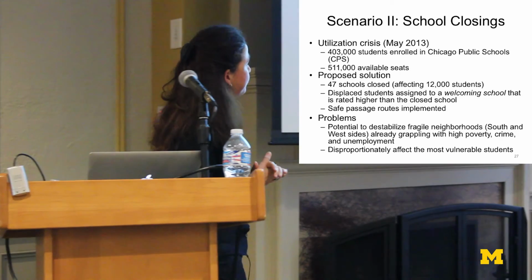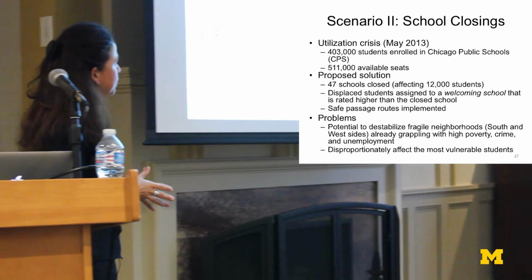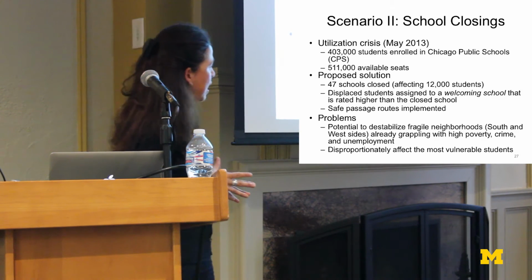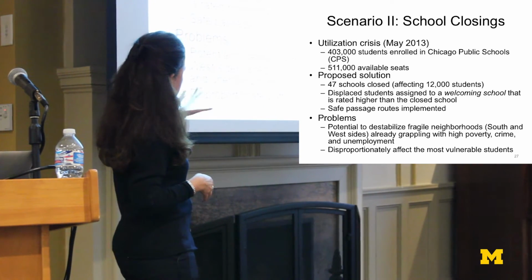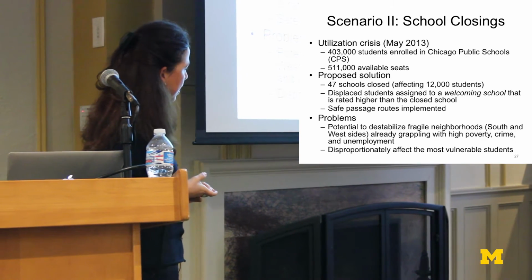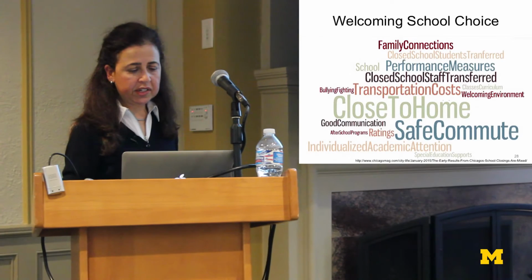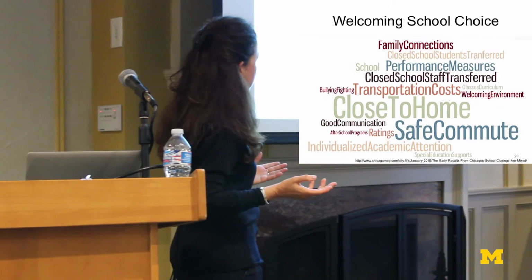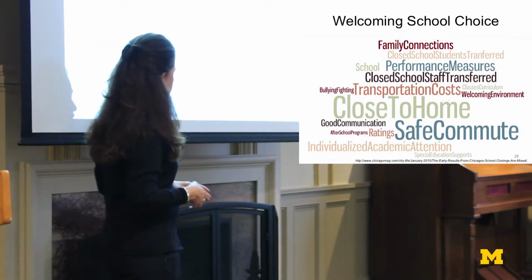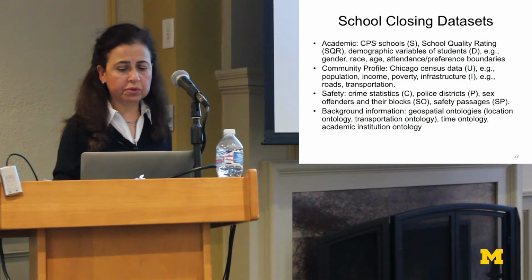And for the second scenario, we are looking at the closing that actually happened of 47 schools in Chicago, and the potential problems: destabilizing fragile neighborhoods and affecting the most vulnerable students. This is, again, a multidimensional problem. One of the most important things would be to make sure there's a safe commute for the students, and that the new schools are close to home.